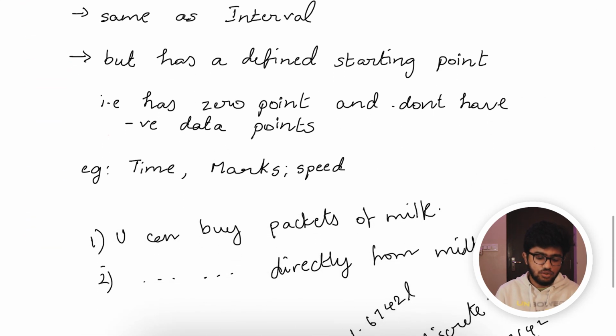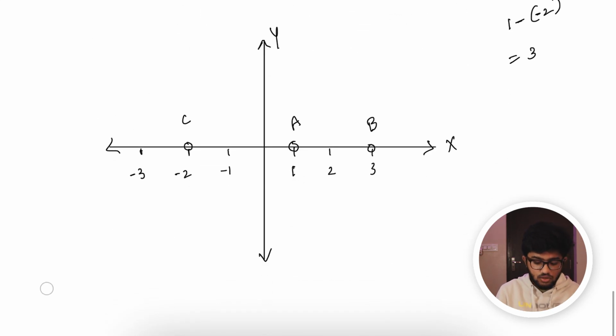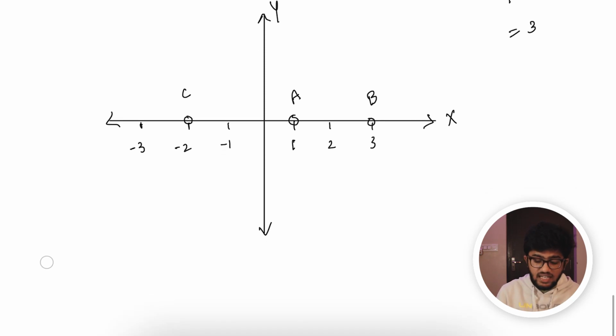Now let's get to ratio. Let's have the same example. You're standing at A and your friend is standing at B at the position of 3, and your other friend is standing at C at the position of -2. Now, if we calculate the distance between A and B, it is 1. Let's consider meters. The distance between A and C is 3.